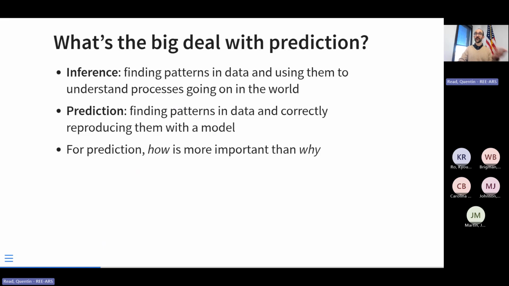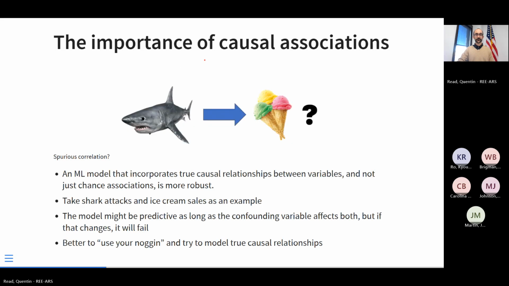We're just in it for the practical outcome. We're not trying to understand why things are happening in the world. So you remember the shark and ice cream example from yesterday. We'll hit that again. So I just said it isn't essential for a predictive model to truly capture the causal relationships. As long as the correlation is there, you're going to make good predictions.